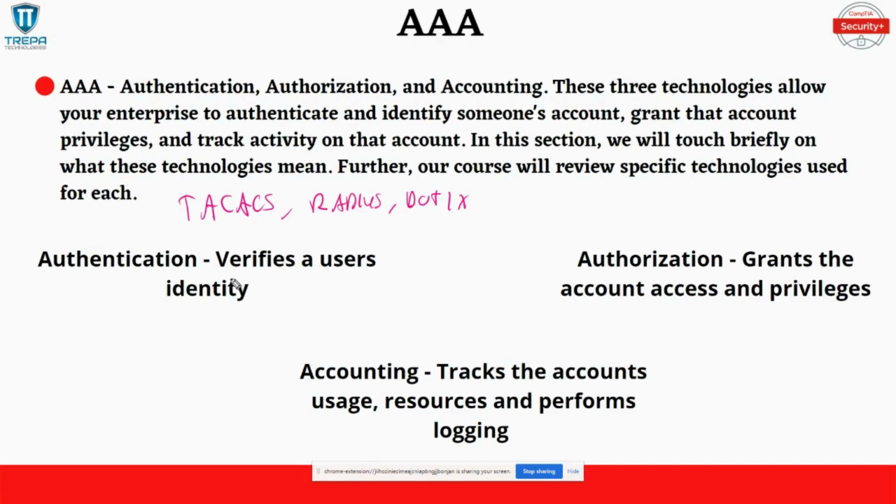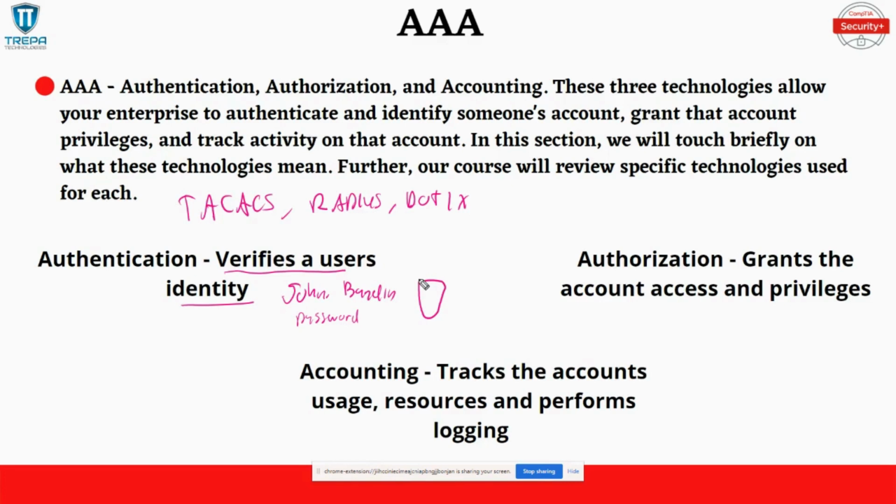So authentication, that's just verifying a user's identity. You told your enterprise you're John.Bandon is your username and your password is password. When you're authenticated, that's the service, that authentication server telling you, yes, that is you because you matched up with my database that has that same username, that same password. Then authorization is going to be your privilege level access.